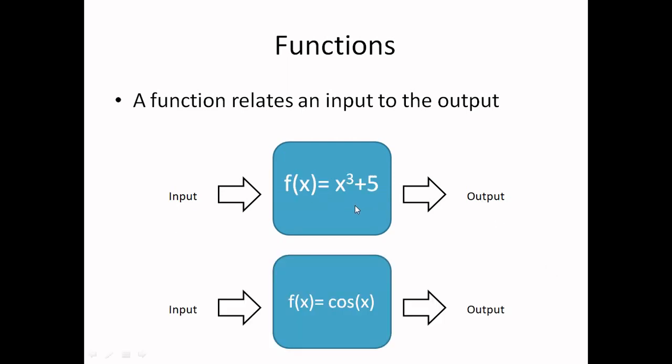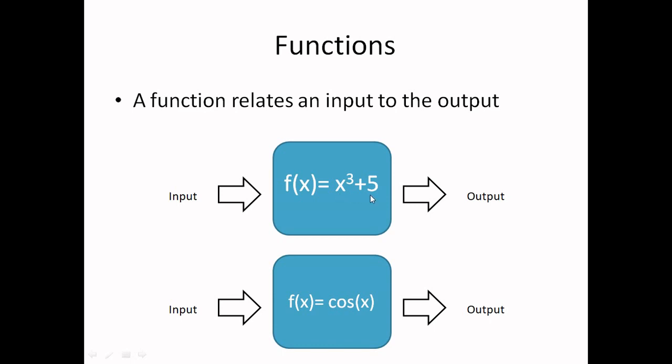Now, f of x is a function that depends on x for its output. f of x can be equal to a number of different expressions. Here I have shown that f of x is equal to x cubed plus 5.